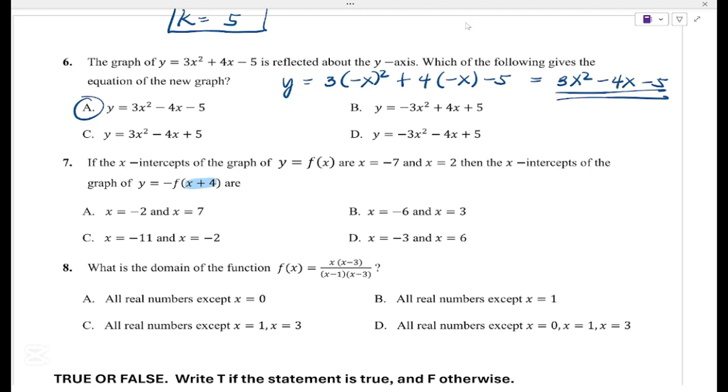So when we shift 4 units to the left, what we're going to do in the x-intercepts is subtract by 4. So if I subtract by 4 here, negative 7 minus 4, x is negative 11. And then here, 2 minus 4, x is equal to negative 2.